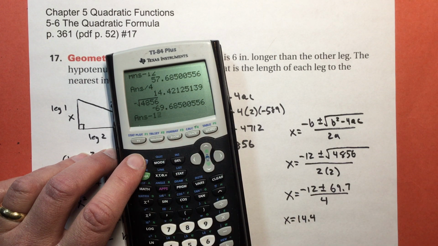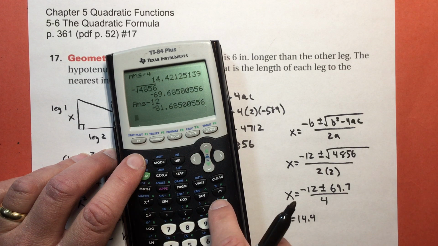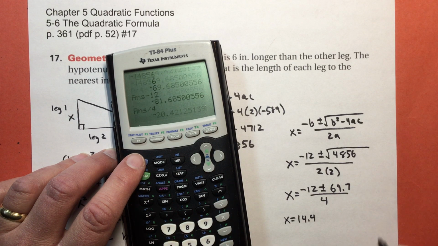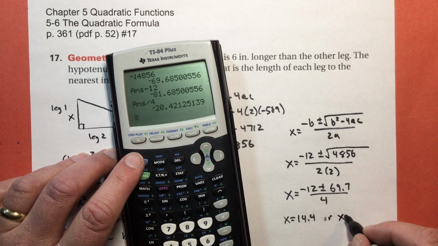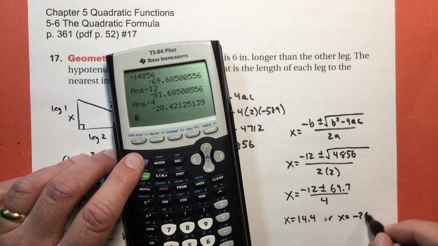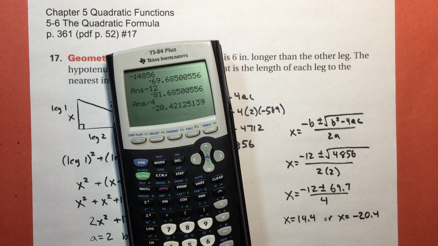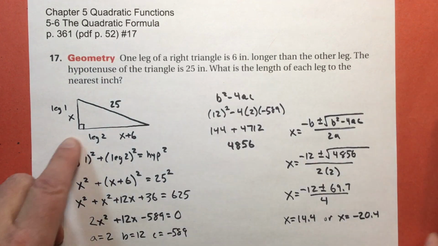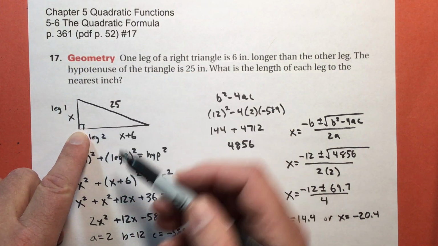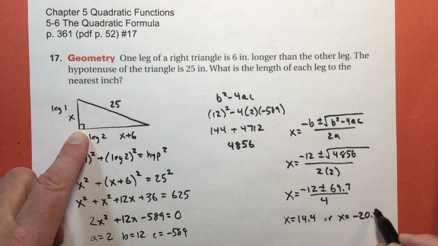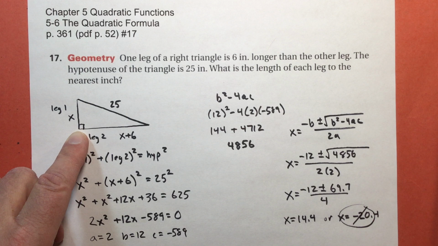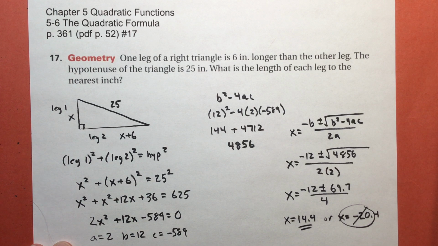I'm going to subtract 12, and I'm going to divide that by 4, which is negative 20.4. Since I'm dealing with a right triangle and one of the legs is just x, I can't use this one because I can't have negative distance. So this is what I think it's going to be, 14.4.